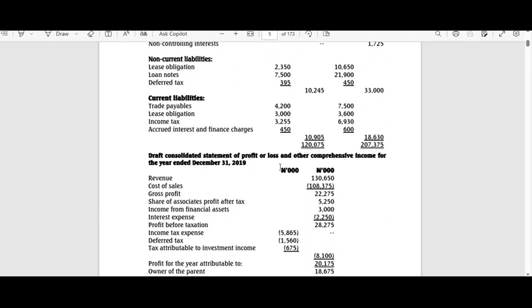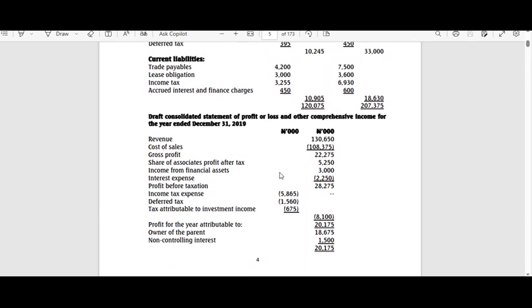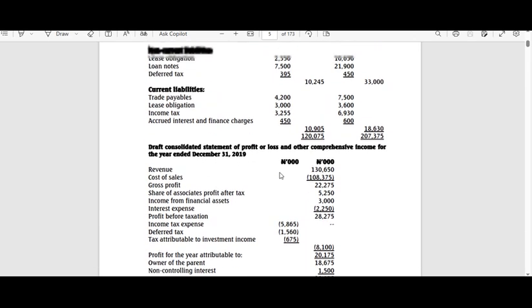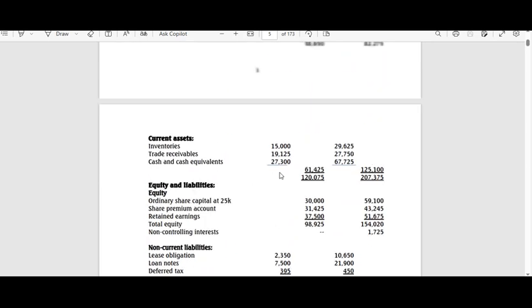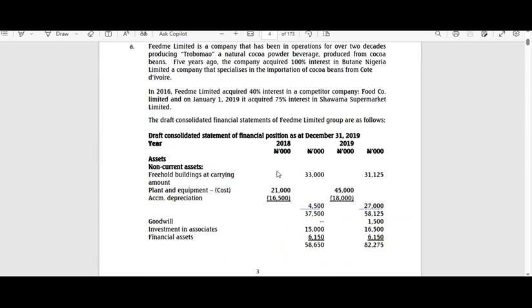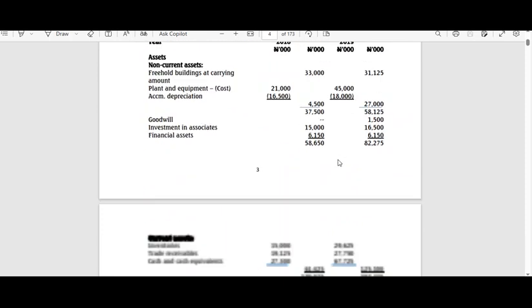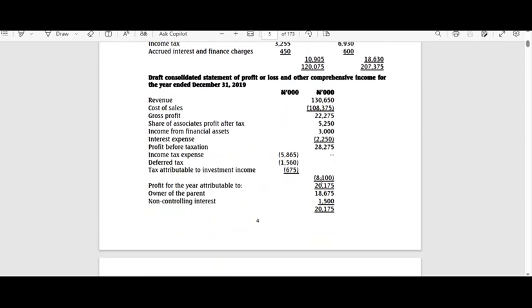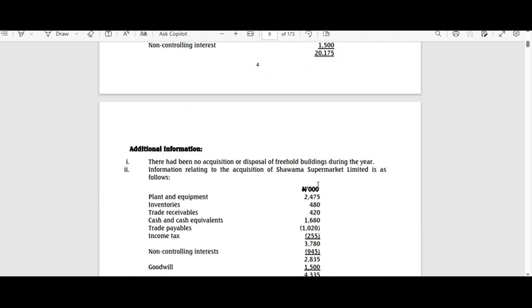This is the consolidated statement of financial position for 2019 and the consolidated income statement for 2019. Then we have additional information.